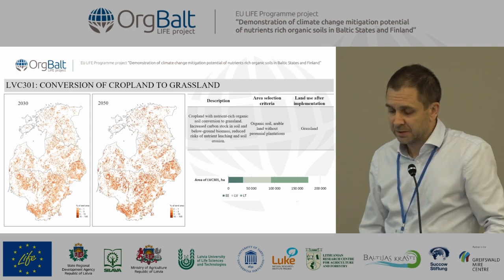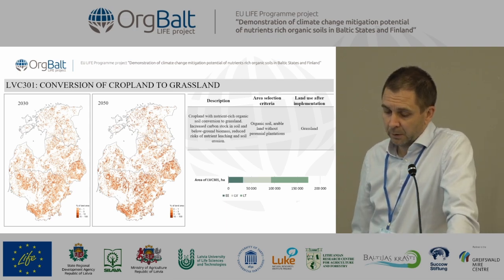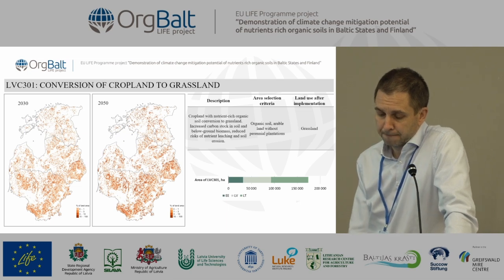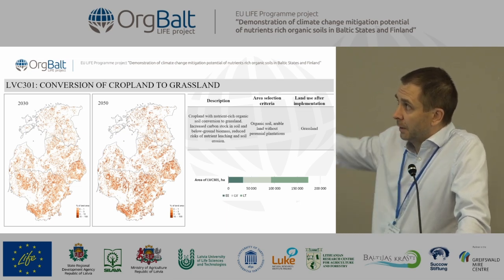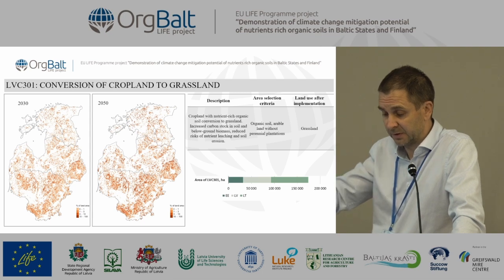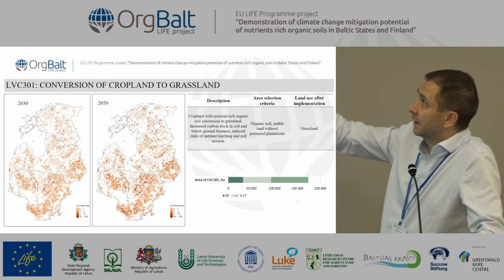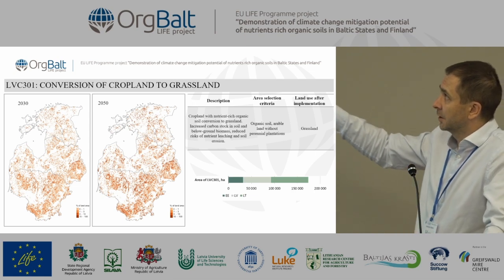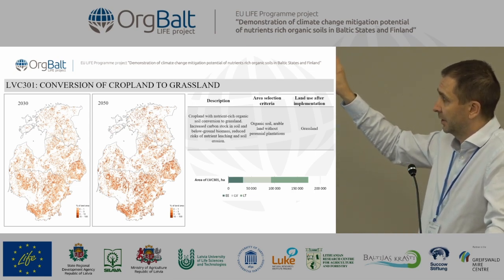So the results look like this. The first scenario is conversion of cropland to grassland. We mapped on which land this specific measure could be implemented. And here are descriptions, with the criteria for how we selected. We select organic soil, arable land without perennial plantations.